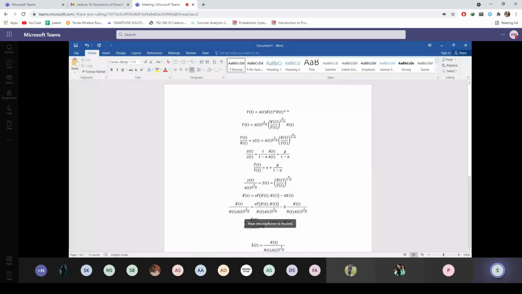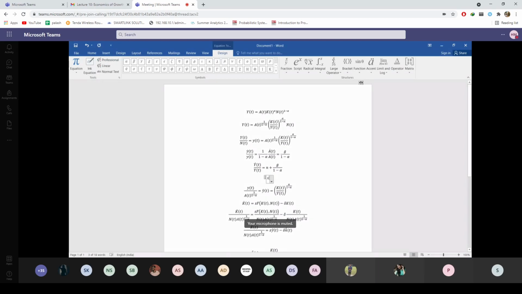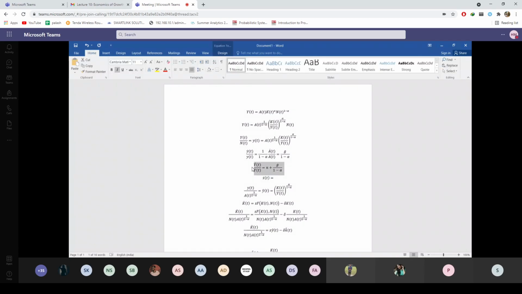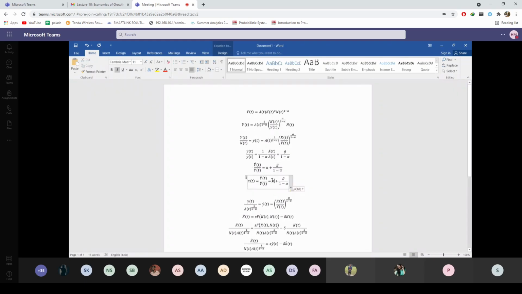Let's say I define a variable xt, with x dot t equal to this. Since capital Y dot by capital Y is growing at the rate n plus g divided by 1 minus alpha at the steady state, define this as a rate of growth.